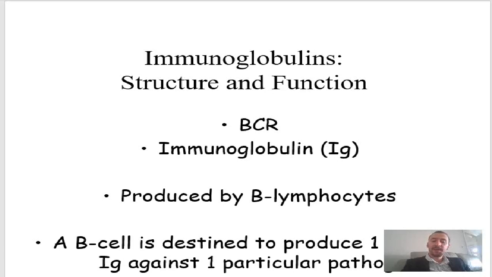We're pretty much aware that antibody is produced by B lymphocytes. We have to remember that any given B cell is destined to only produce one specific antibody or immunoglobulin against a particular pathogen, giving it that specificity.